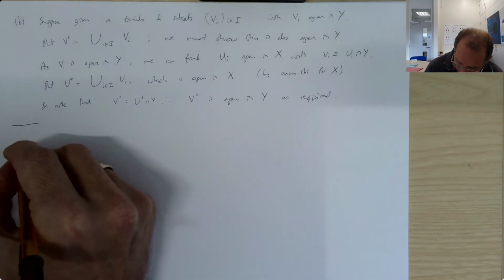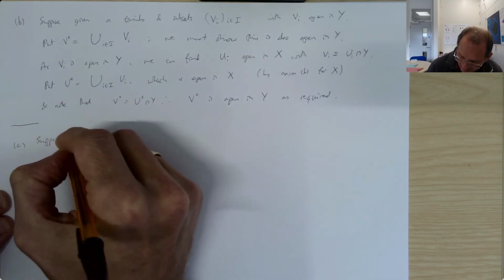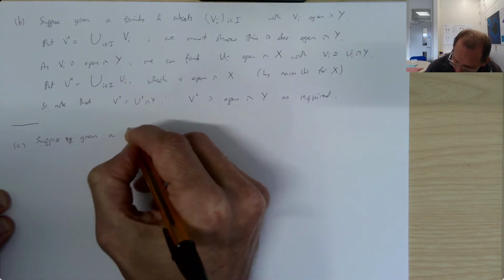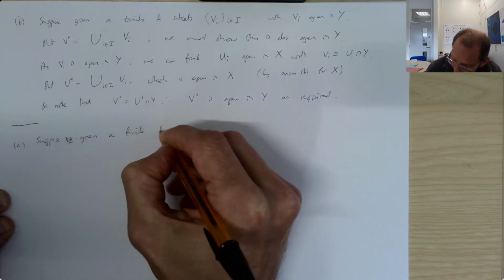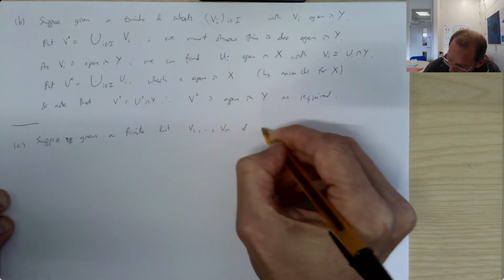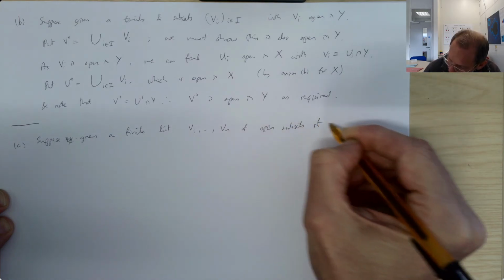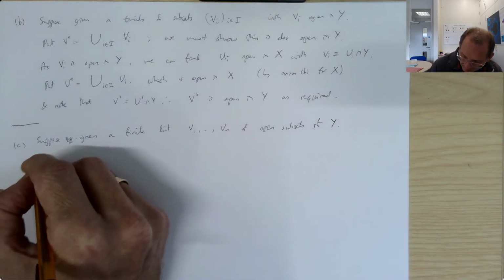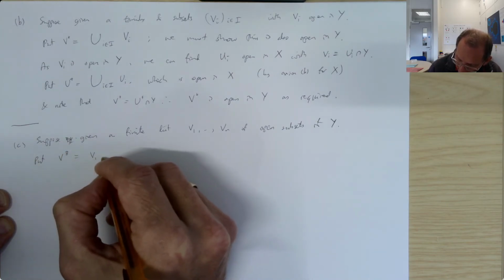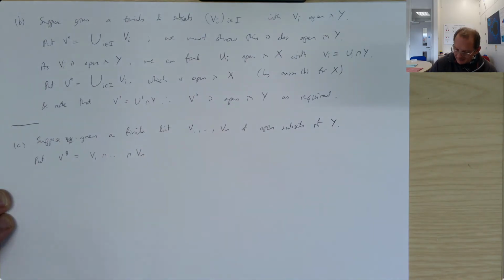And then there's axiom C. So now let's suppose we're given a finite list, V1 up to Vn, of open subsets of Y. And then let's put V hash is V1 intersect V2 up to Vn, the intersection of this finite list.